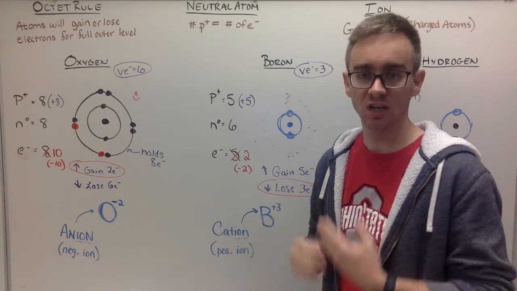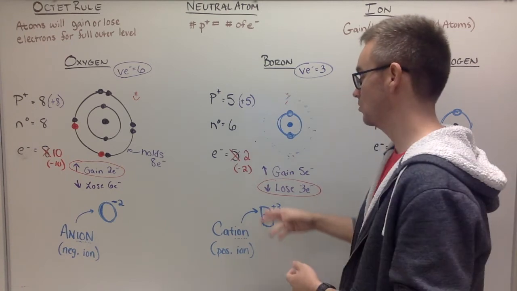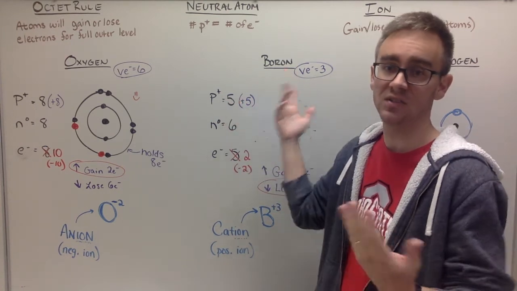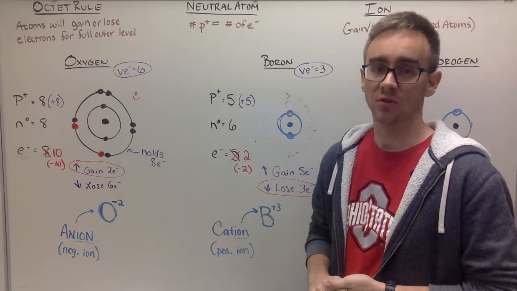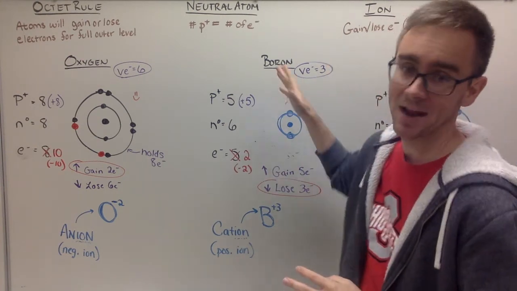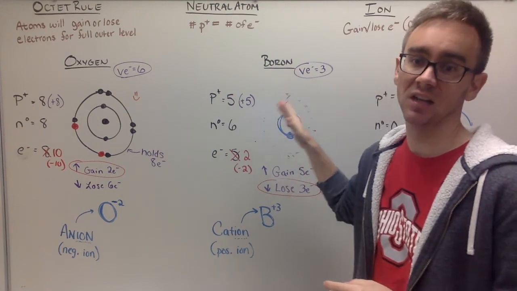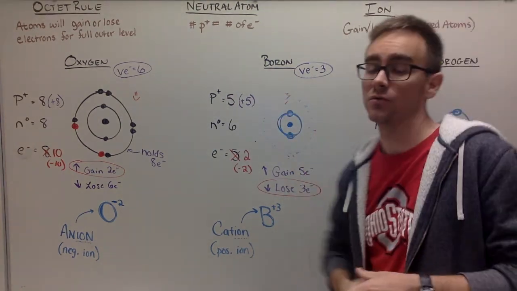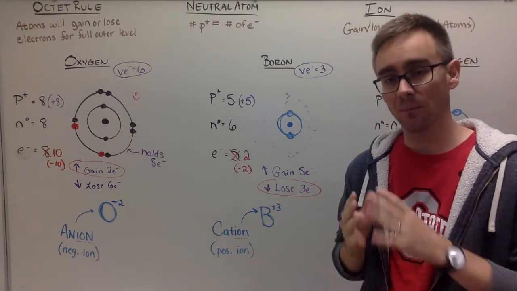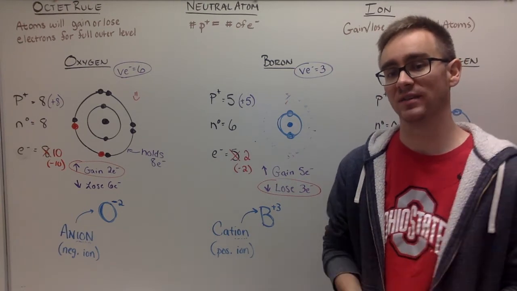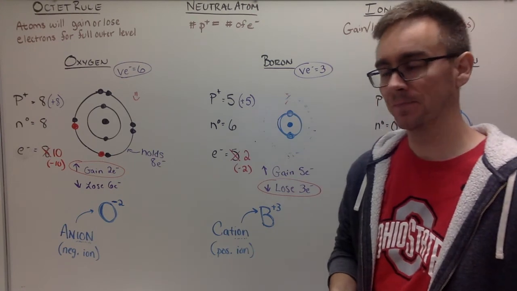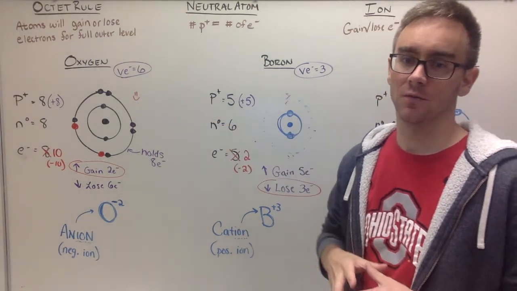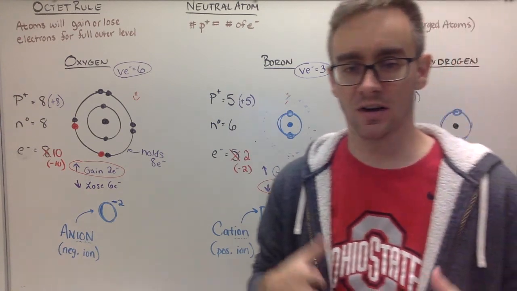If I change the number of protons, I change the element. If I decided to take away 3 protons, this isn't boron anymore. Now this is helium. So we're trying to make boron happy by gaining and losing electrons. To form ions, it's only the gaining and losing of electrons, because the protons just tell us which element it is.